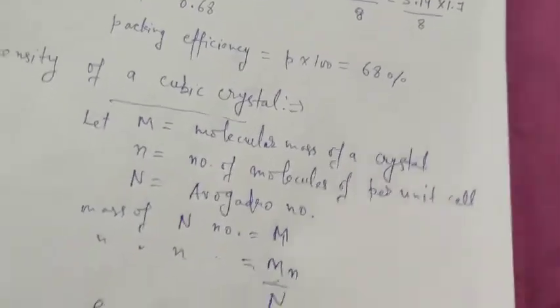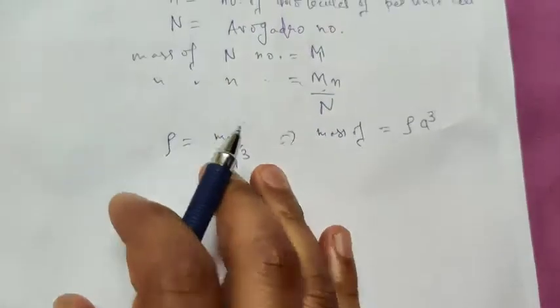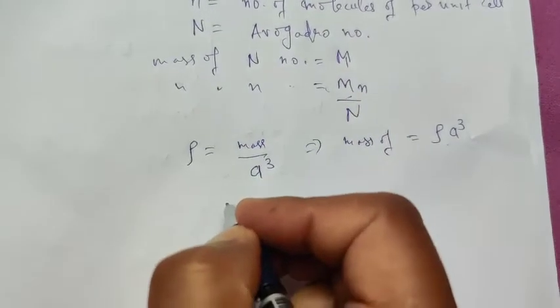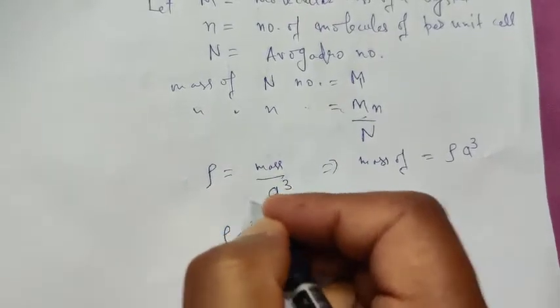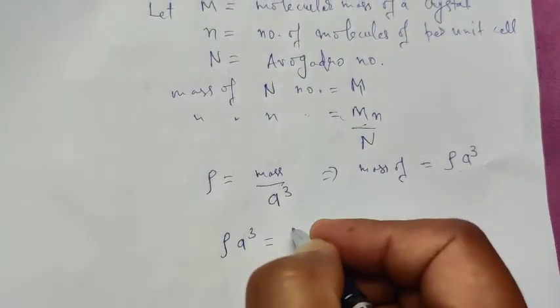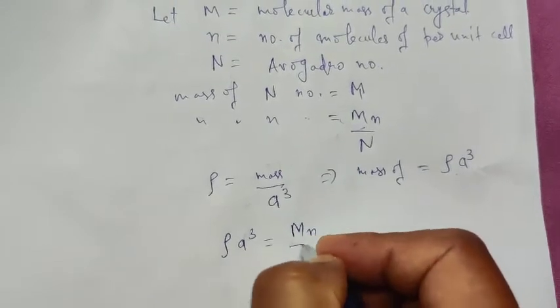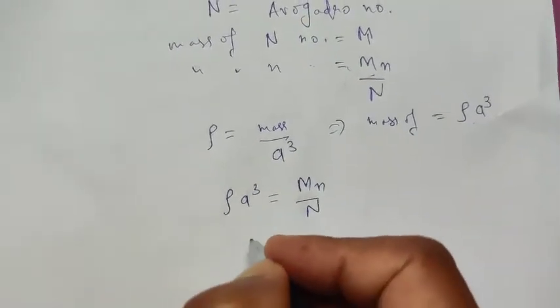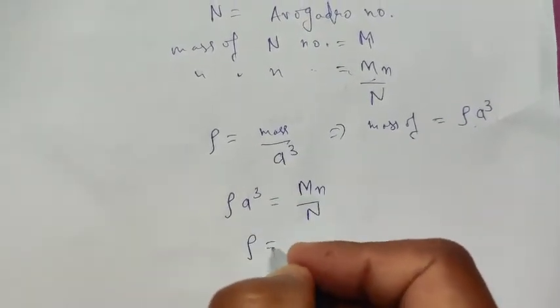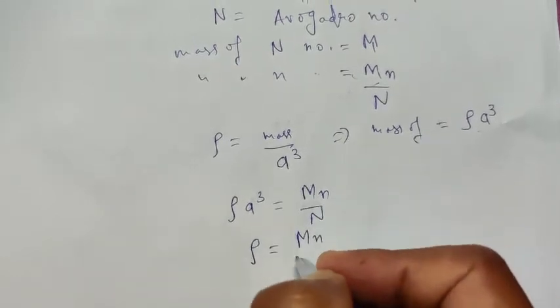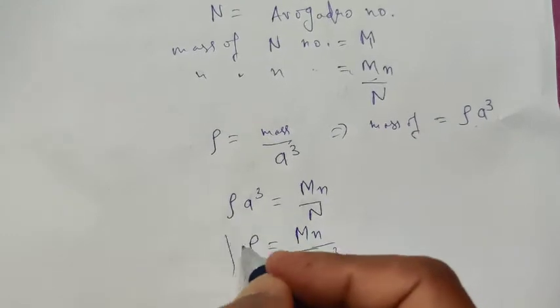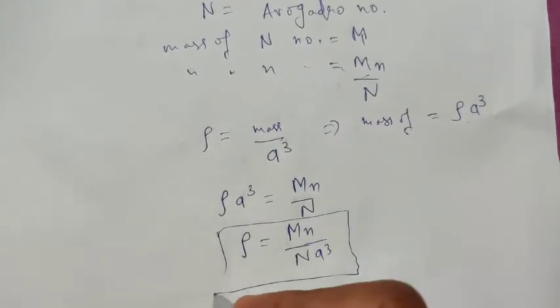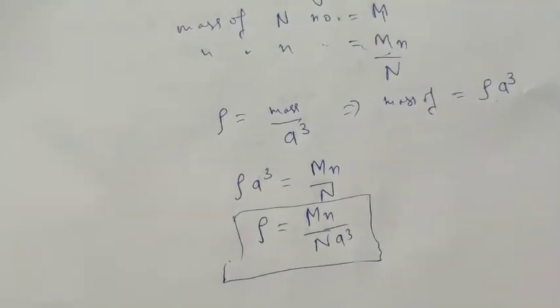So this mass we have calculated, so this will be equal to this mass. So therefore, by equating, density into volume will be the mass. This we have calculated as M into n upon N. So from here we can calculate the density. This will be M n upon N divided by a cube. This will be the density of this cubic crystal.